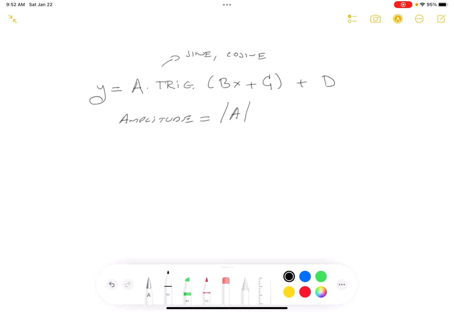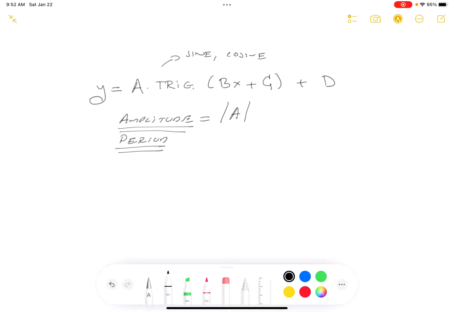Now let's talk about the period. The period is just the length that it takes for this trig function to complete one cycle. So although I got these abstractions A, B, and C down and a D, people get confused, rightfully so.